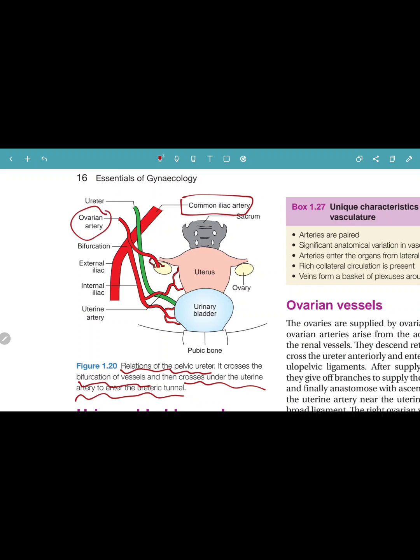The ovarian artery crosses over the ureter, and then the ureter enters the urinary bladder, passing under the uterine artery.